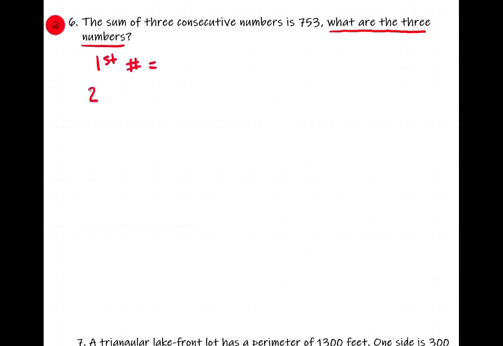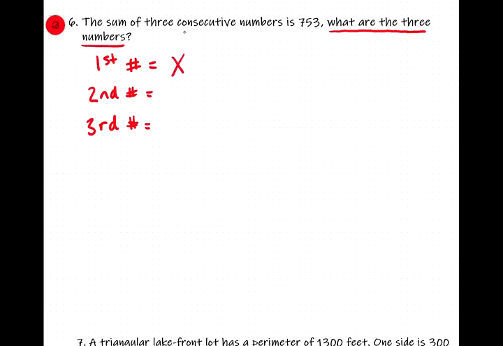We don't know the second number. And we don't know the third number. So anytime we have multiple unknowns, one of them has to be X. So let's just call the first number X.